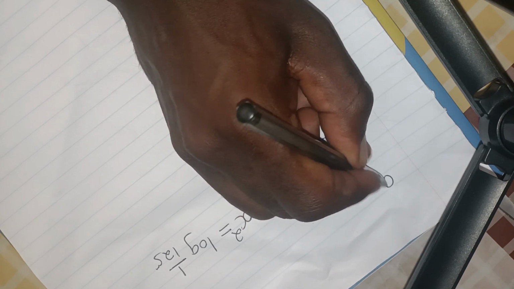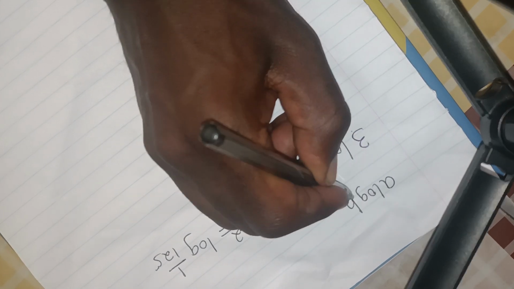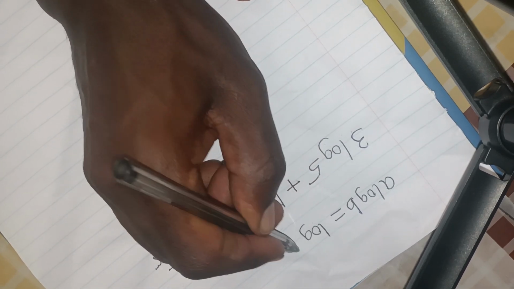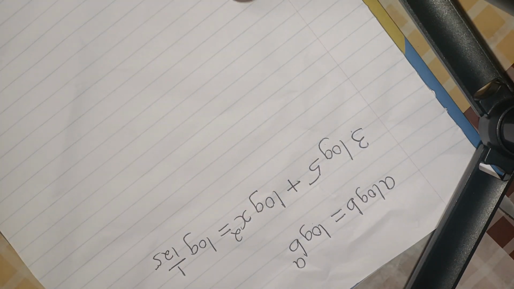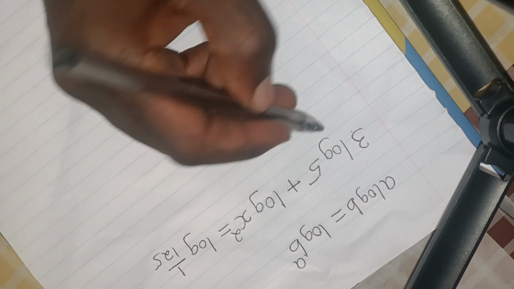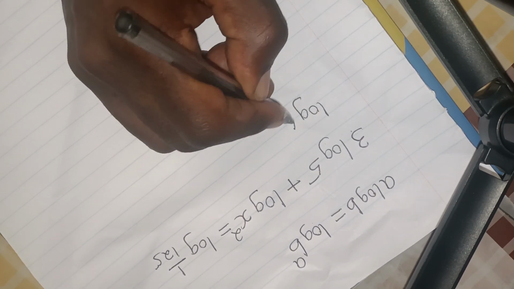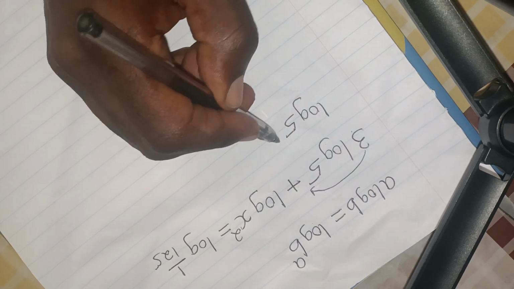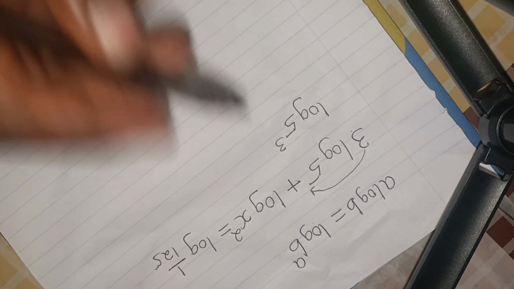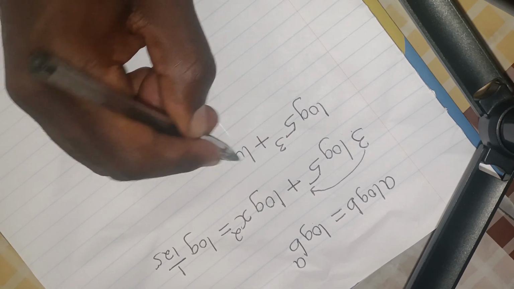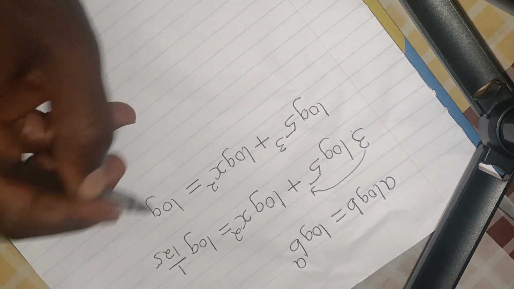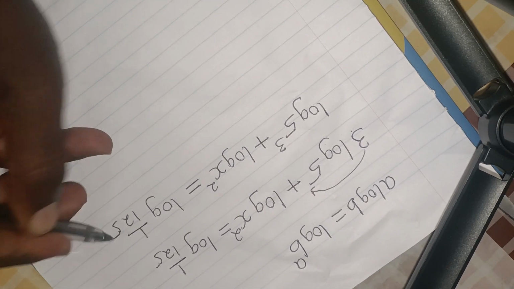That is to say, a log b can be written as log b raised to a. I'll apply the same concept here. So I'll have log 5 with the 3 taken to become a power, plus log x squared, equal to log 1 over 125.